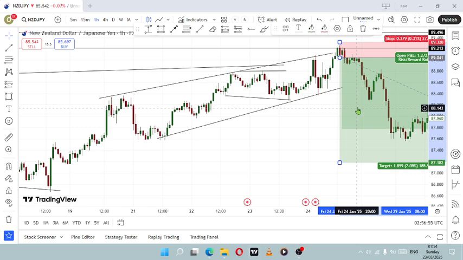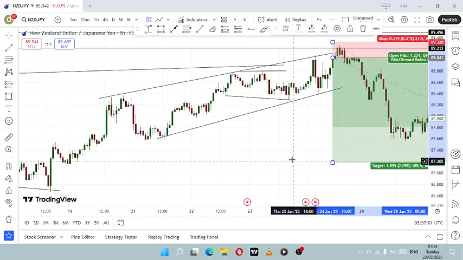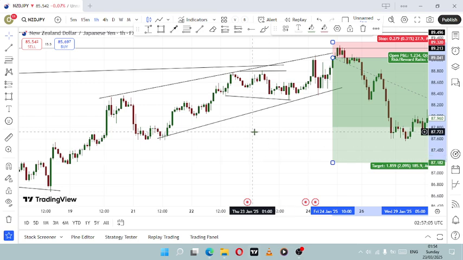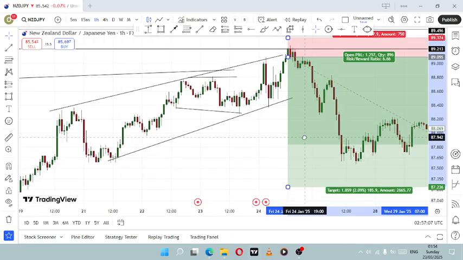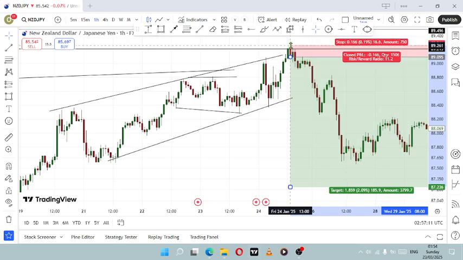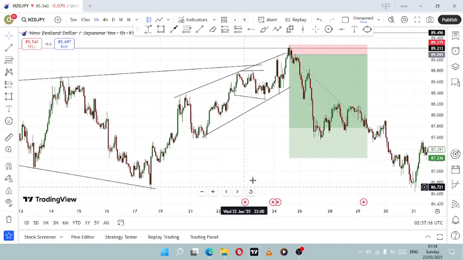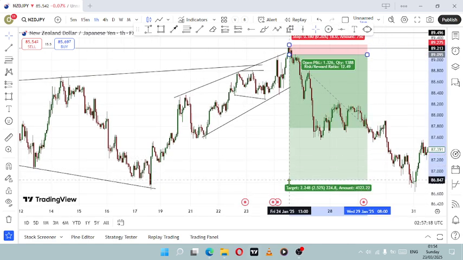So my risk entry will be at the highs. Put my stop above here, and then I'll target the lows.